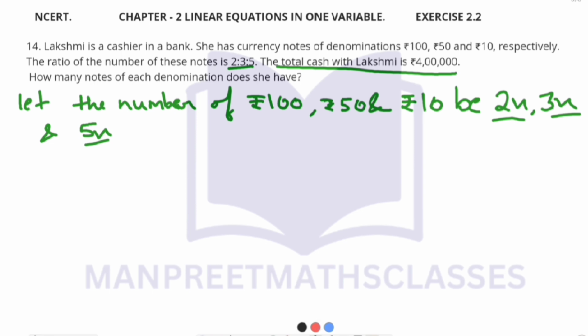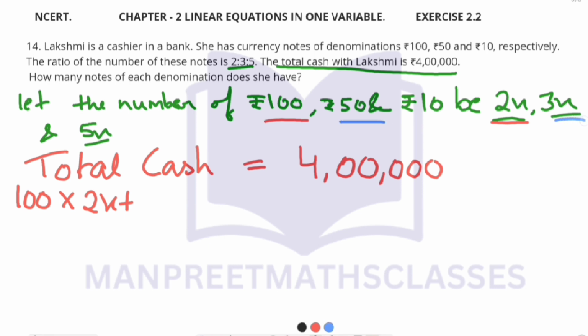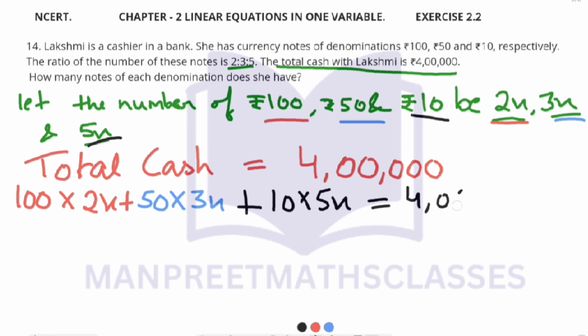सो वी हैव टू मल्टीप्लाई. सो 100 मल्टीप्लाइड बाय 2x. तो यहाँ पे डायरेक्ट लिख लेते हैं टोटल कैश इज इक्वल्स टू 4 लाख. सो 100 into 2x plus 50 into 3x प्लस 10 into 5x is equals to 4 lakh rupees.